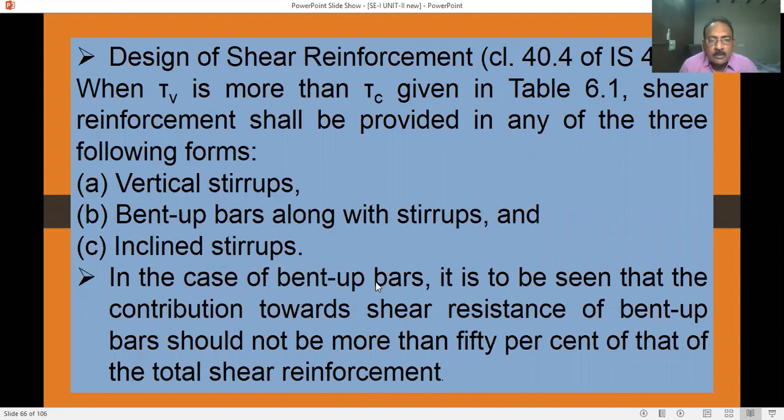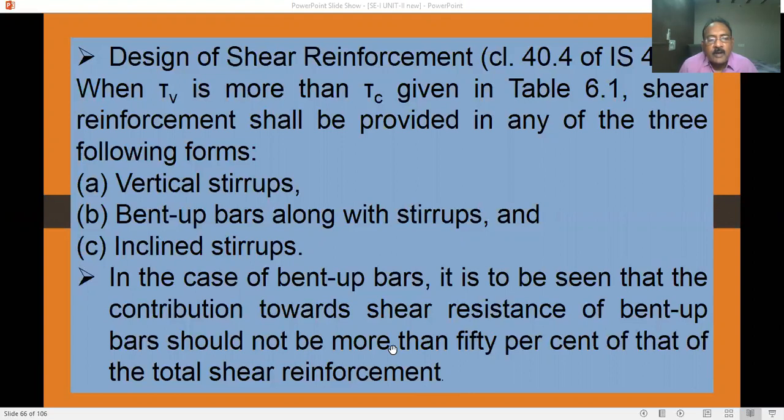So to provide shear reinforcement, clause 40.4, here, when tau v exceeds tau c from Table 19, we have to provide vertical stirrups, and bent-up bars along with stirrups, and here the same note, and inclined stirrups.